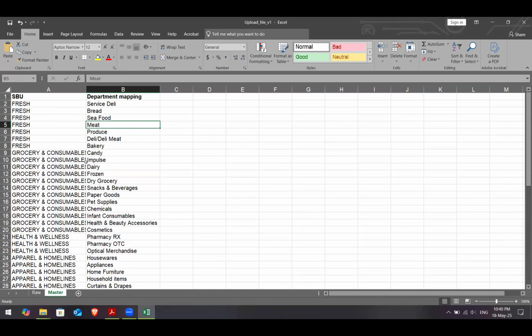You can also traverse through multiple layers. We have bread, and in bread we can have wheat bread, croissant, milk bread, anything. Even within milk bread, you can have multiple brands. So you can handle up to n number of levels.